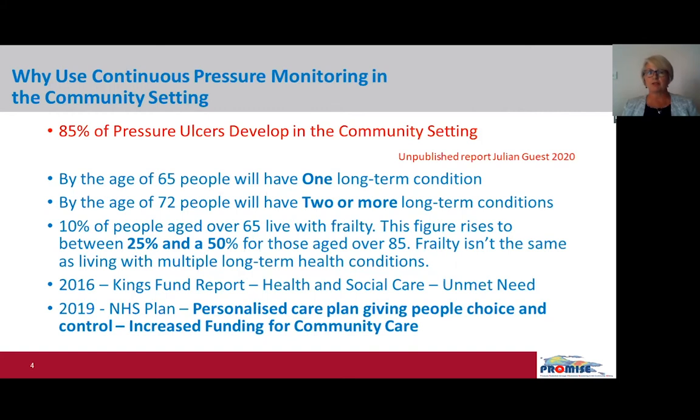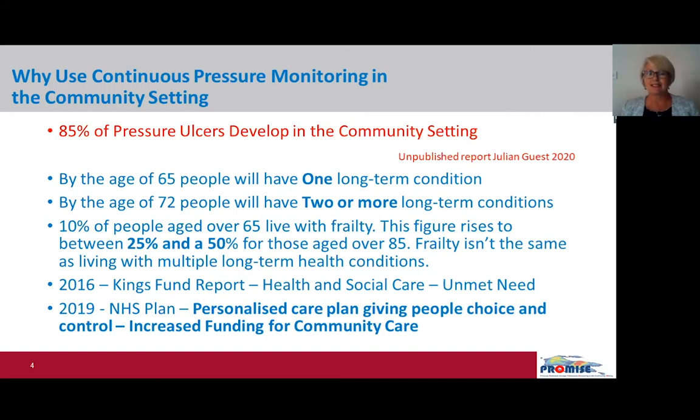10% of people aged over 65 live with frailty, and this figure rises to between 25% and 50% for those aged over 85. So we have looked at frailty in terms of our screening, and it's one of the areas that we've taken a record of for the patients within the study.